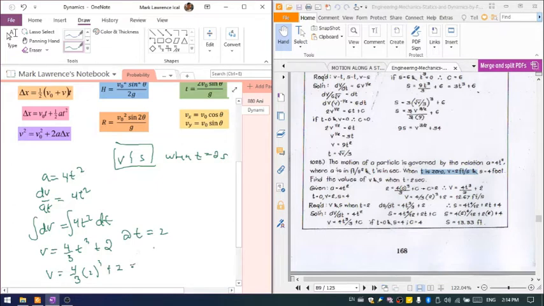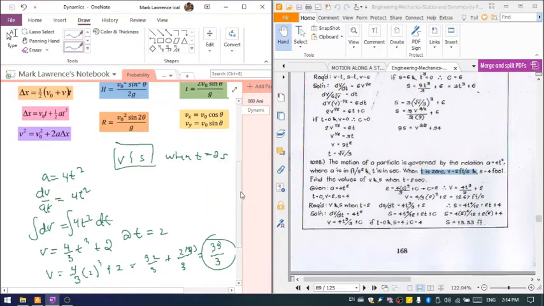We arrive at 4 times 8 is 32 over 3, plus 2, which is 6 over 3, so 38 over 3. So that's the velocity.